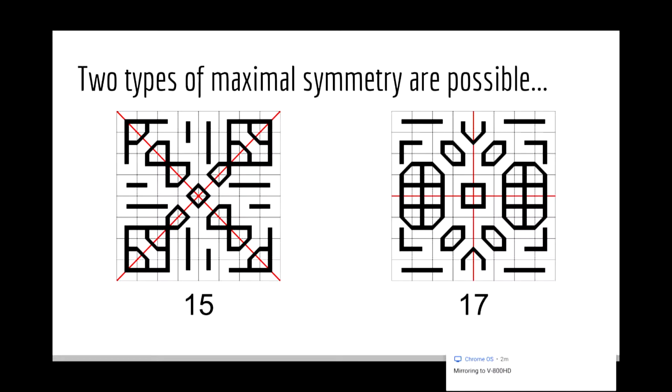You can also have a solution that's symmetric along the diagonals. In fact, I haven't completely finished analyzing solutions that are symmetric in this way. For example, I know what the maximal number of components is for orthogonal symmetry. I don't know what the maximum number achievable is for diagonal symmetry.